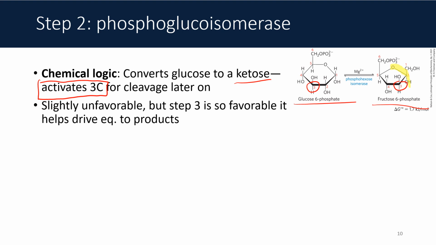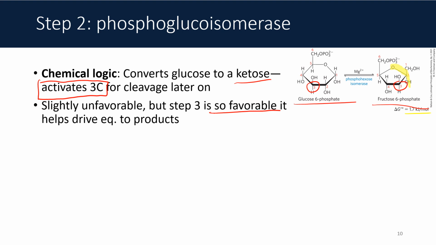The reaction delta G, if you've noticed, is slightly positive here. It is positive 1.7 kilojoules per mole. So it's a little bit unfavorable. However, the third step of glycolysis coming up is so favorable that it will help drive equilibrium towards the products of this reaction.